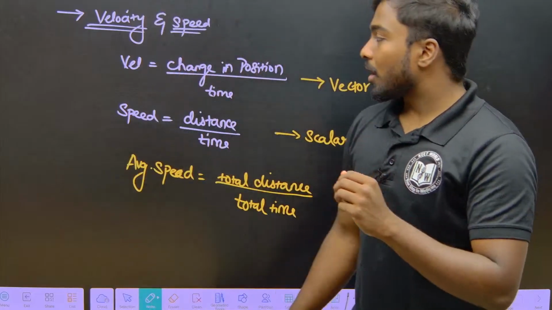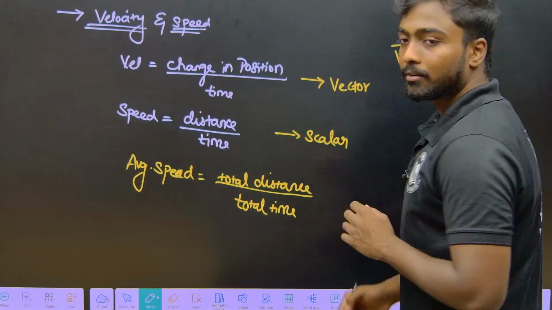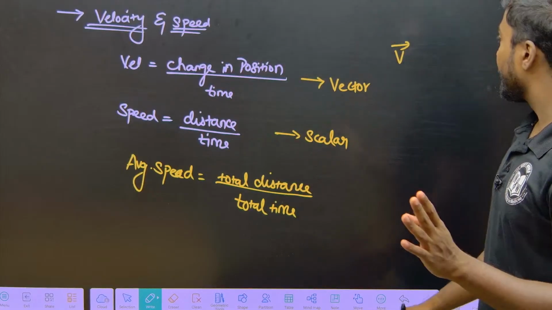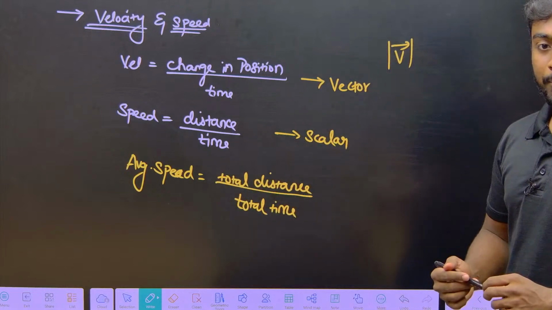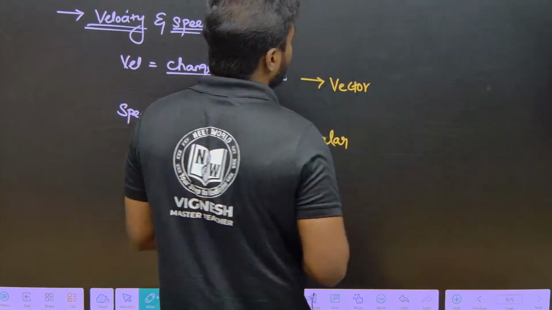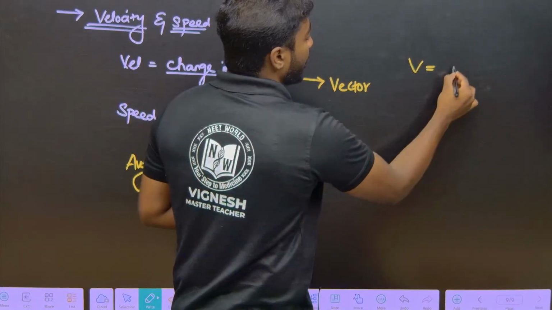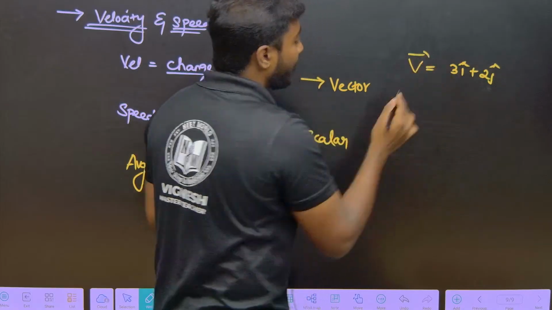When I talk about the velocity, it is a vector quantity. We'll denote it like this, V cap or V bar. When I take the modulus, it will be speed. Modulus means only magnitude. So if V is equal to 3i cap plus 2j cap, this is velocity.